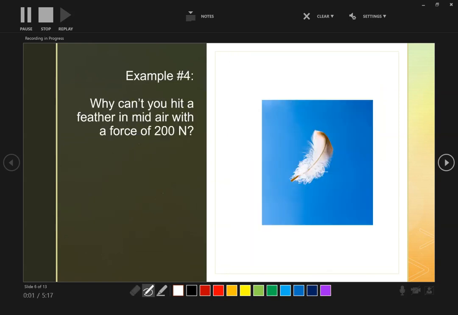And example number 4, why can't you hit a feather in midair with a force of 200 newtons? So remember that forces come in pairs, and these pairs are equal and opposite.